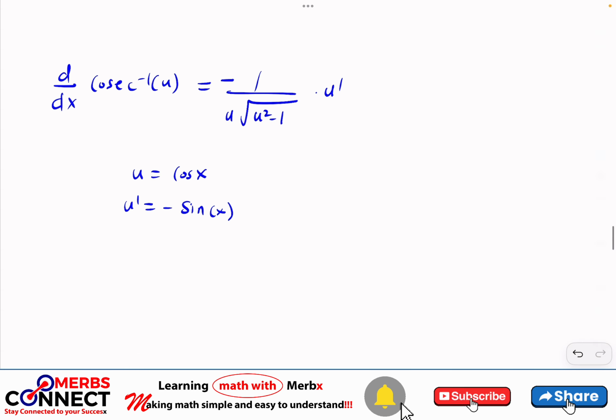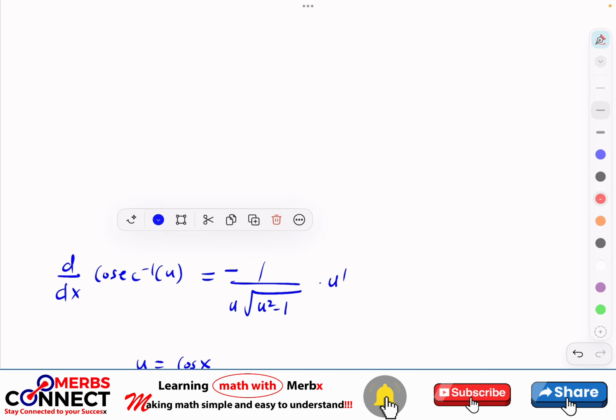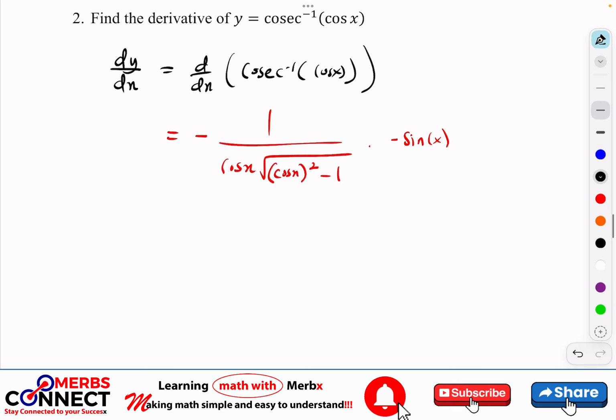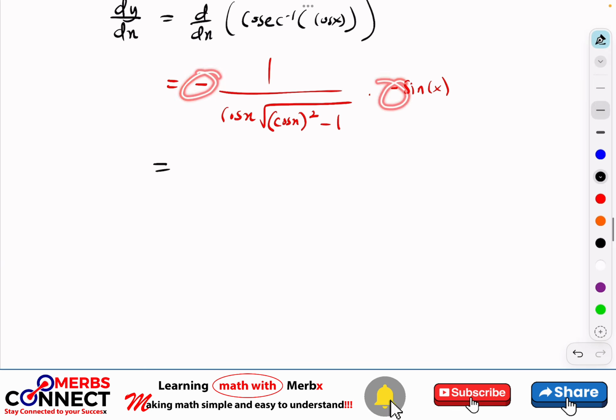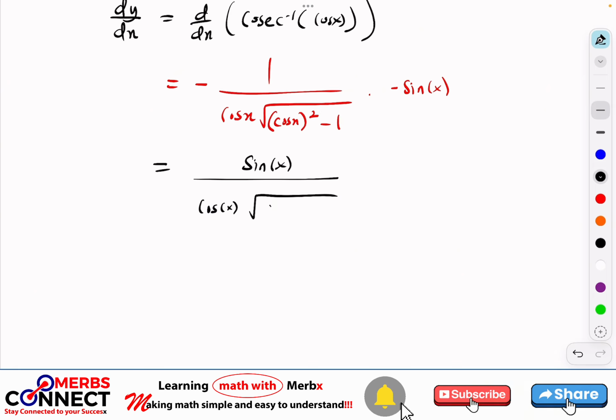Let me bring it down small and try to simplify. Minus times minus is going to be positive. So this is going to be sine of x divided by cos of x square root of cos squared of x minus 1, and this is what you're going to get.